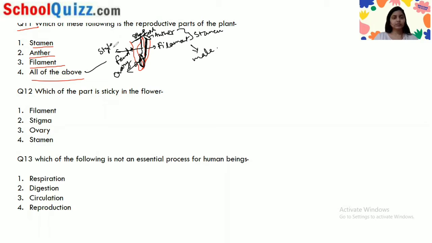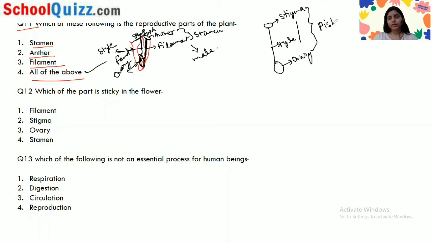So this is the ovary, this is the style, and this is the stigma. Together it is all called the pistil, and this is the female reproductive part.